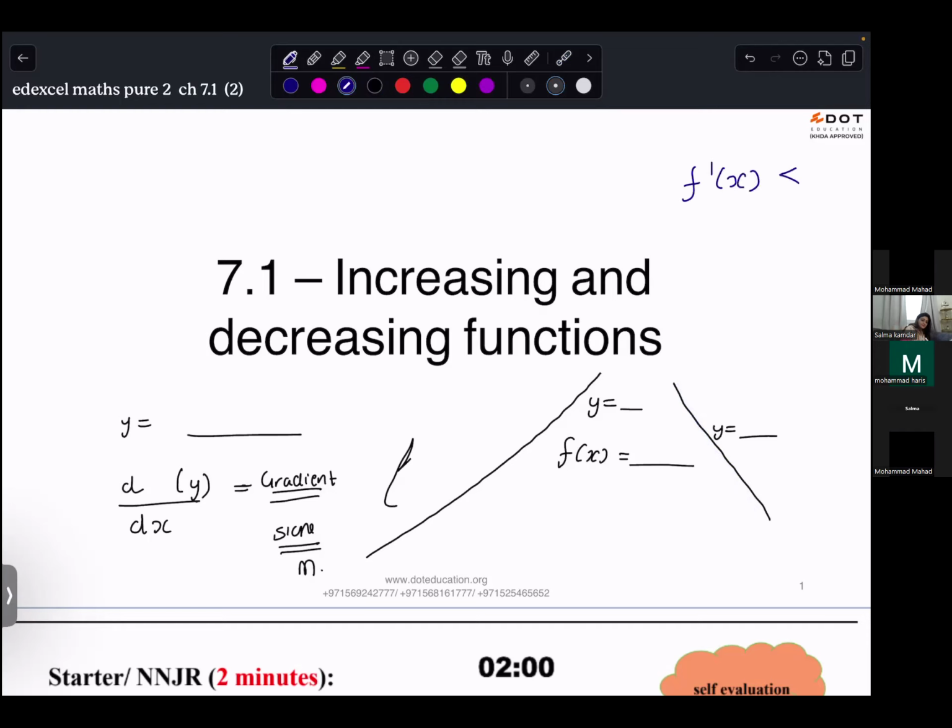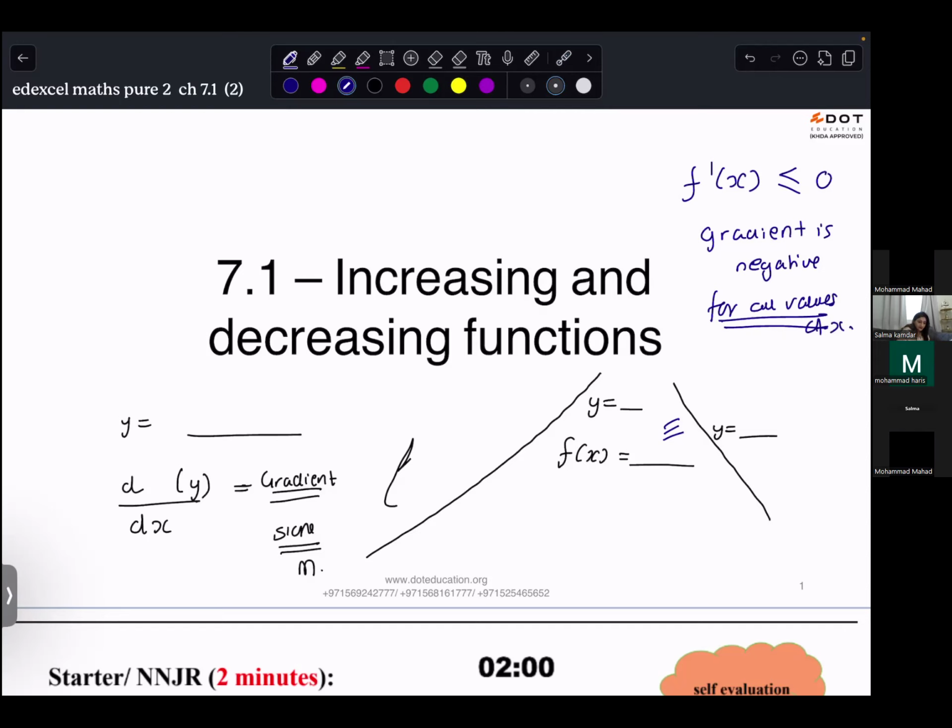I would say the gradient is negative. Do I stop over here or will I use some other words? So I will say my gradient is negative for all values of x.